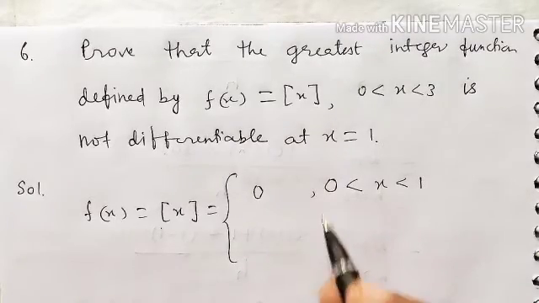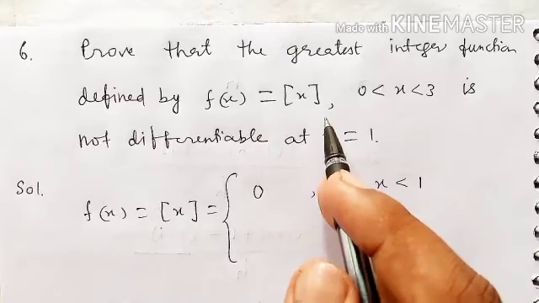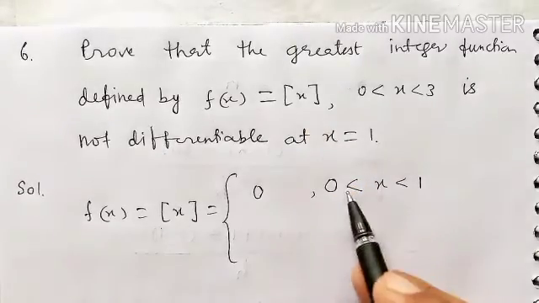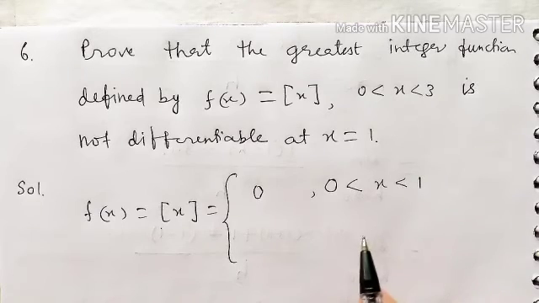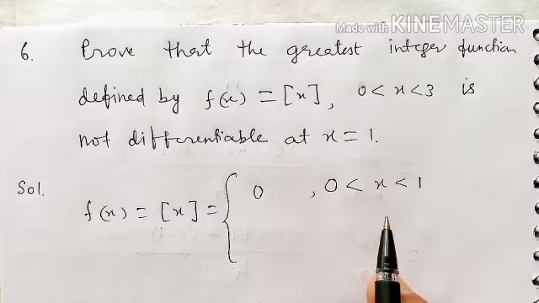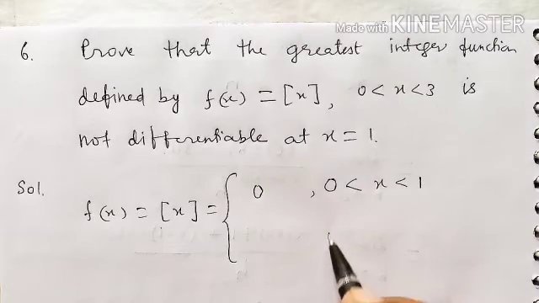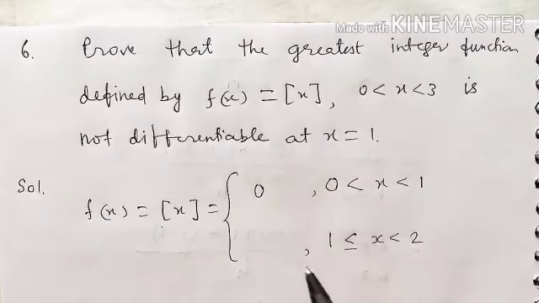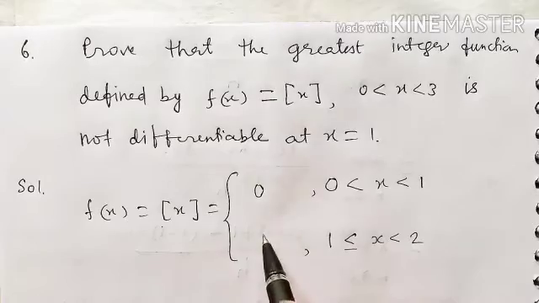You know that greatest integer x is the greatest integer less than or equal to x. Here x is between 0 and 1. That's why the greatest integer will be 0, and another condition will be this one. For this, the greatest integer will be 1.